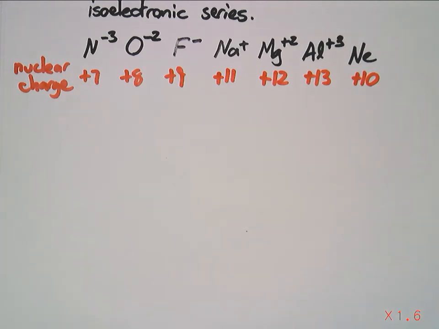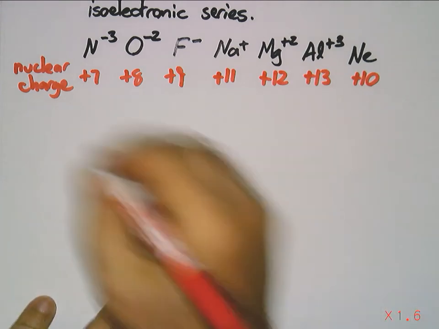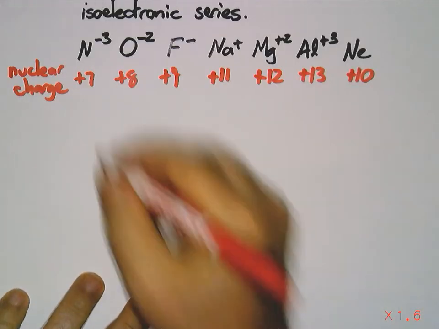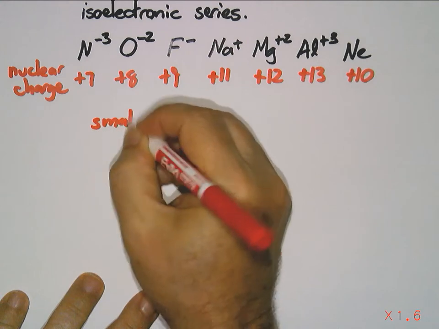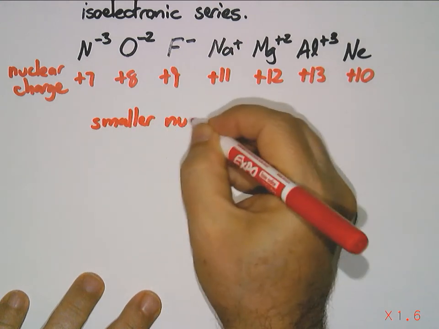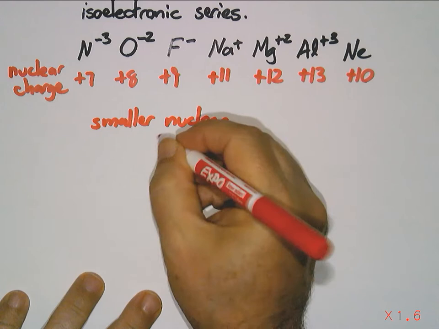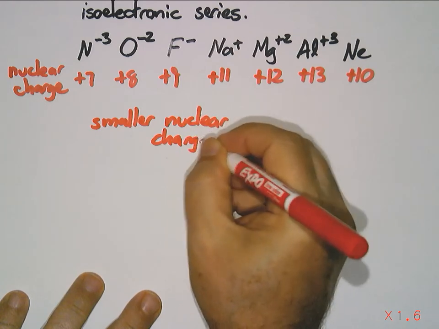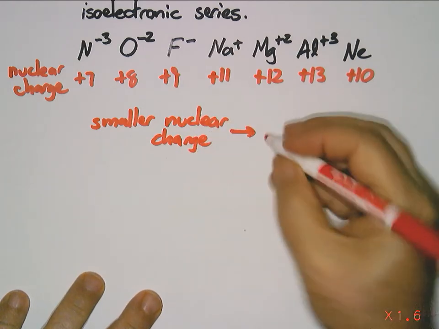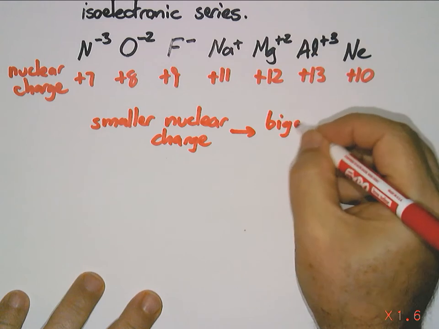Okay, in an isoelectronic series, since they all have the same number of shells, you can't use that rule. But you can use the rule that says a smaller nuclear charge gives you a bigger atom.